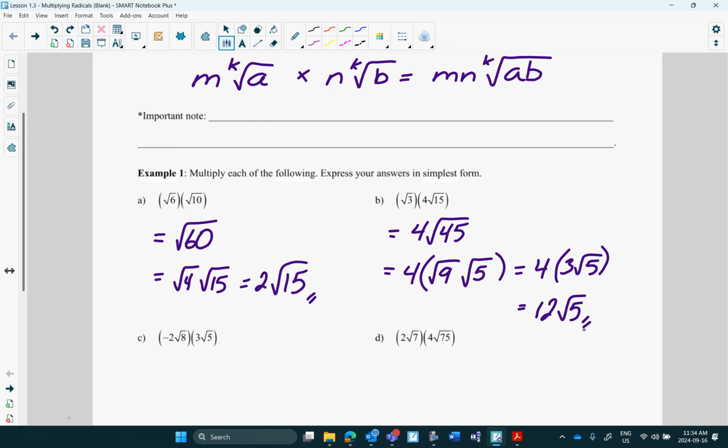Okay? That's it. Just so you know, you don't have to show these steps if you don't want to. If you're still sort of getting the hang of it, keep writing those steps. But if you feel that you can do them in your head, that's okay too.